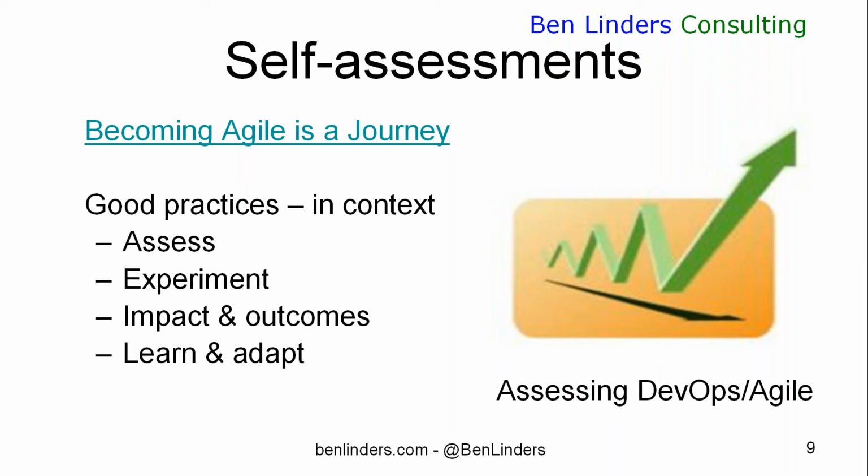Experiment with those practices, be it new practices or be it changes to the way you're currently doing those practices. And look at the impact that this is having in your organization and the outcomes that you want to work towards. Is this really helping you to do a better job? Based on that, learn and adapt. Learn how things are going and adapt your way of working. This is going to be a cycle where you're going to be going around continuously.